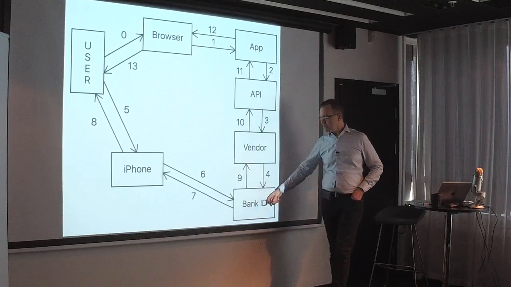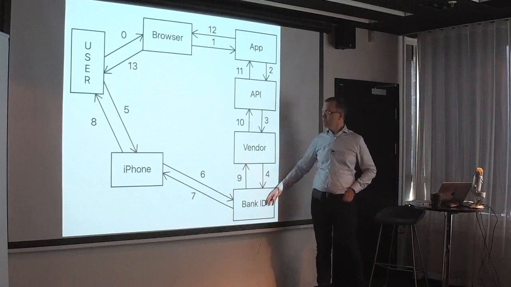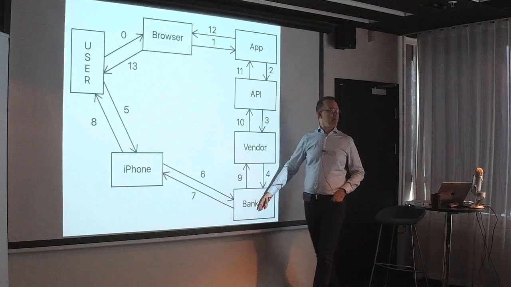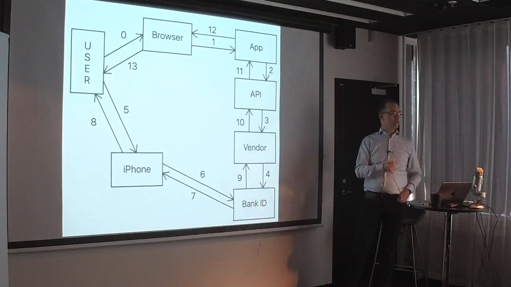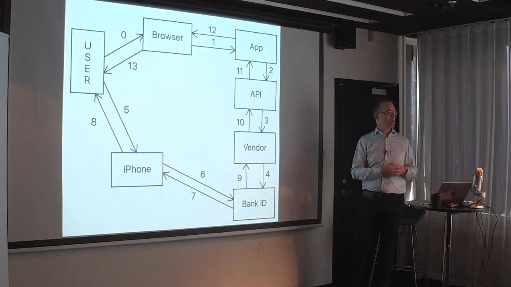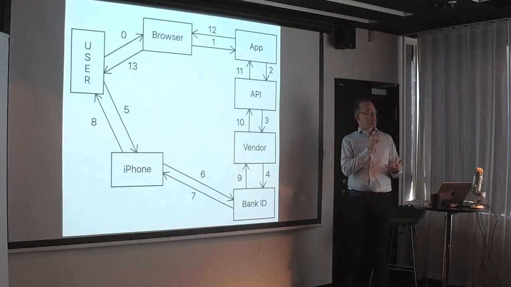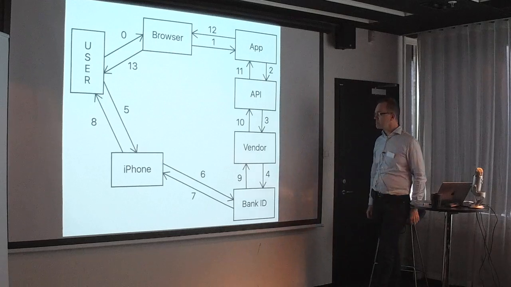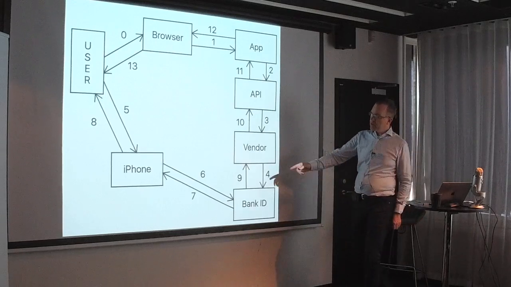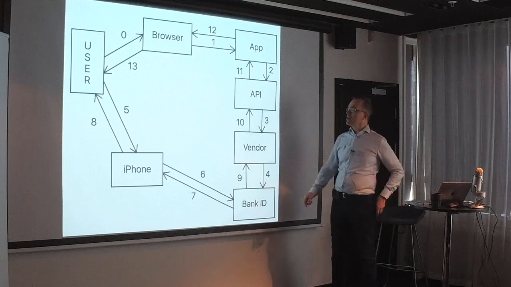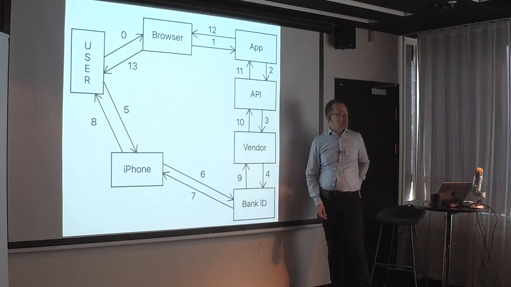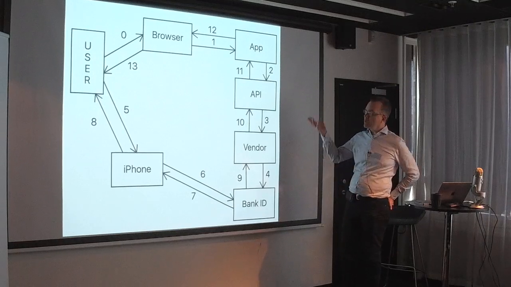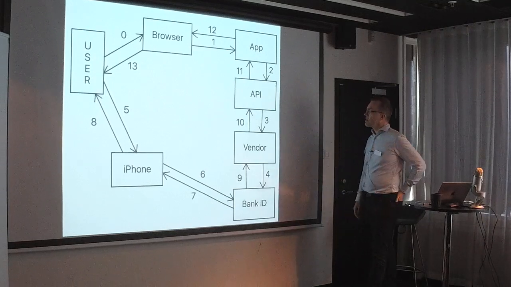And when that has happened, the user can go in with his iPhone to the BankID app and get up the challenge. Only this person can get it up because it's already established that that person has a certificate to get challenges. No one else can pull up that challenge. After a while, within 3 minutes, the person completes the challenge, proving that this is actually who the website wanted to authenticate.